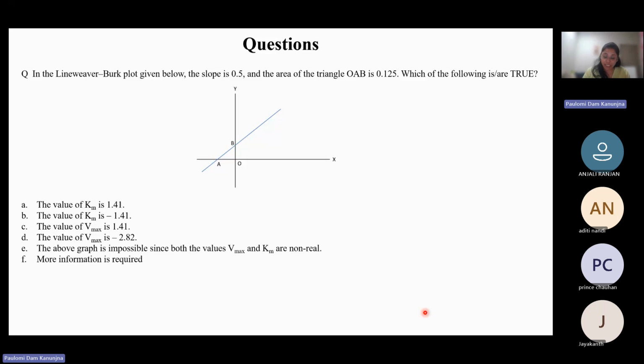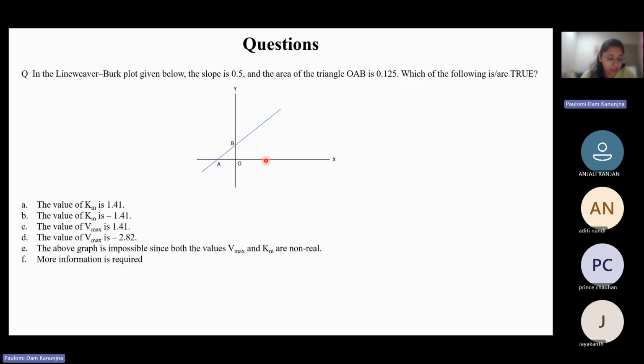Okay, we have 30 minutes for our numericals, which is a great thing because we get to practice a lot. Let's do the first one. The slope here is 0.5 and the area of triangle OAB is 0.125. Note down the values first.